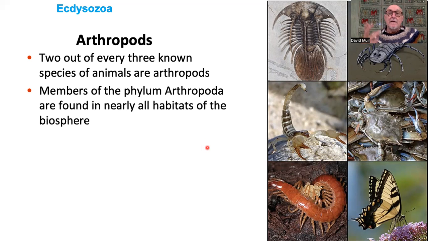So this here is a relatively primitive arthropod from the Cambrian. This is a trilobite. And the trilobites are typical arthropods in that they have this tough exoskeleton. And the exoskeleton is made of chitin, of thick chitin, but very often with calcium carbonate incorporated into it.